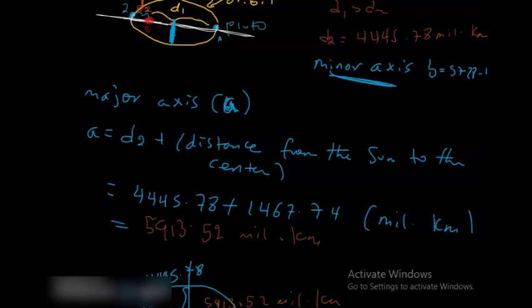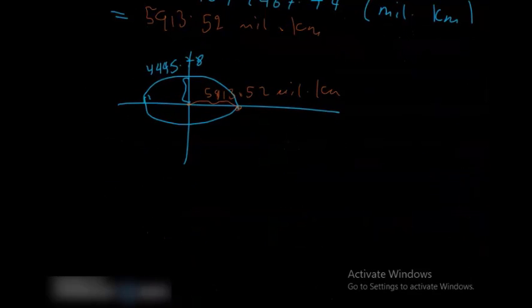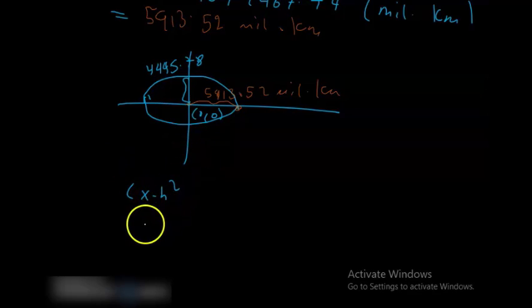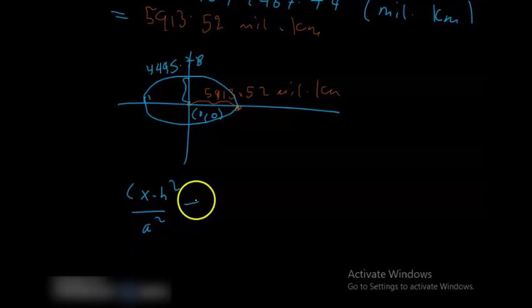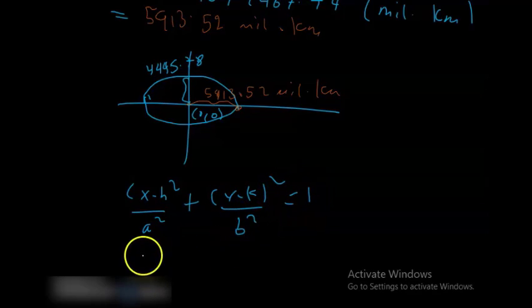78 million kilometers. Now we can form the equation of the ellipse whose center is at (0, 0). As you remember, the general formula of a horizontal ellipse is given by (x minus h) squared over a squared plus (y minus k) squared over b squared equals 1.